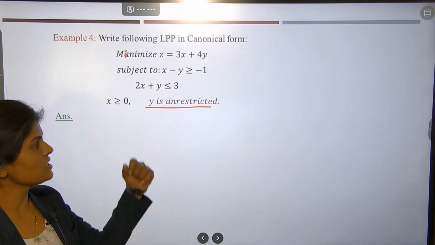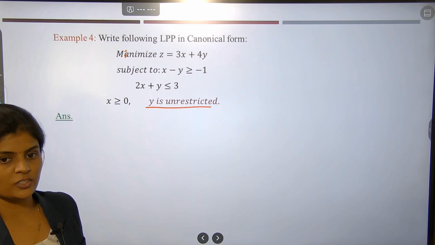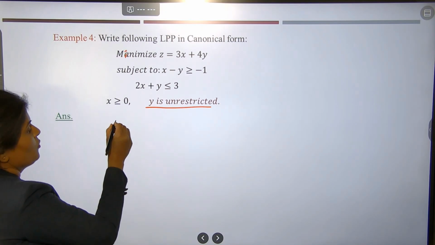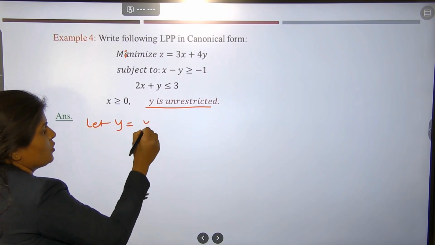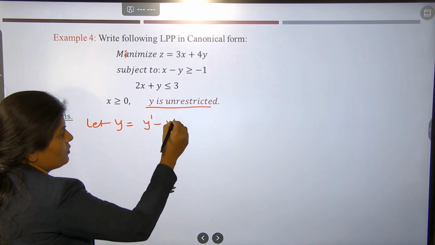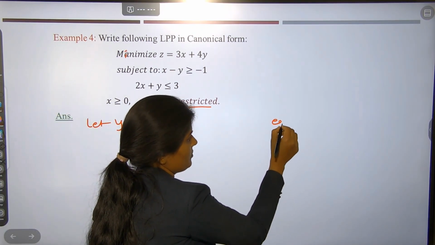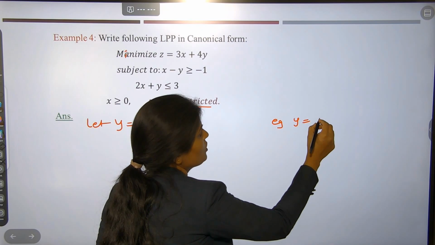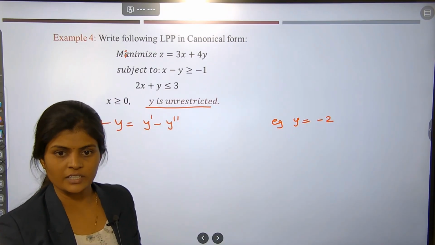So firstly we convert this y into two non-negative values. We can take y as y dash minus y double dash. Let us take an example. Suppose we have y equals minus 2, but we want the variable to be greater equal 0.